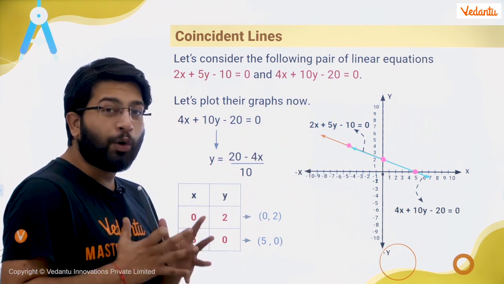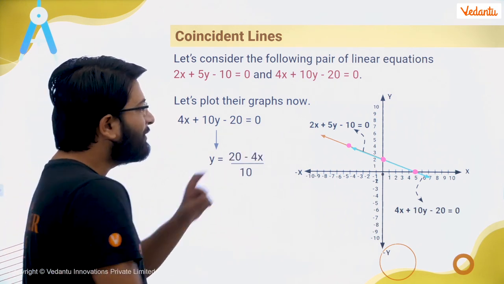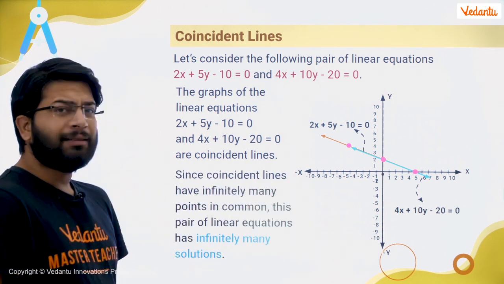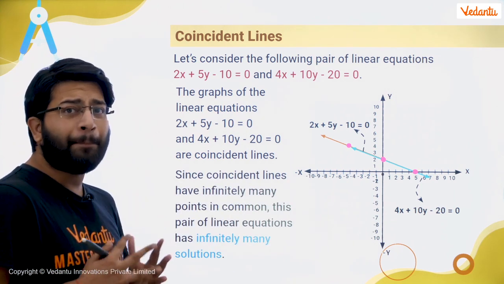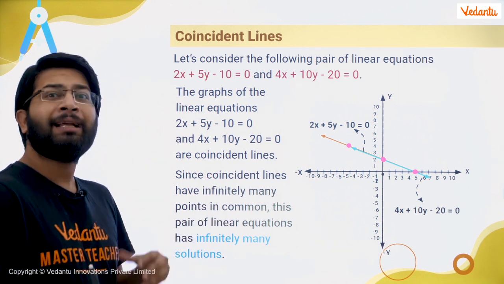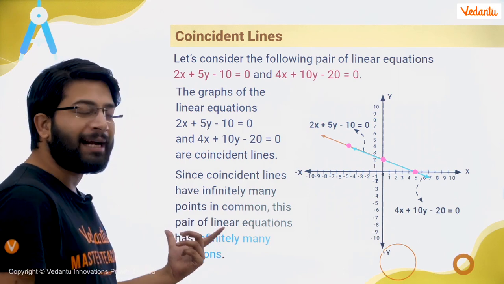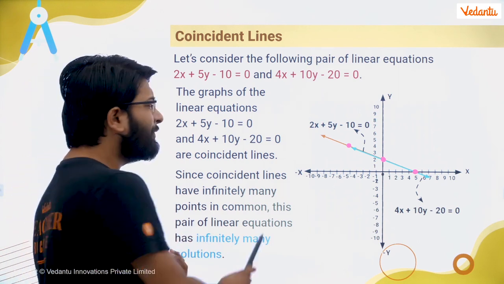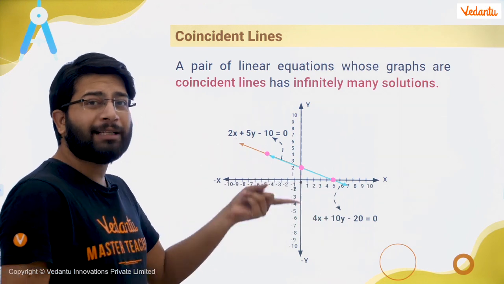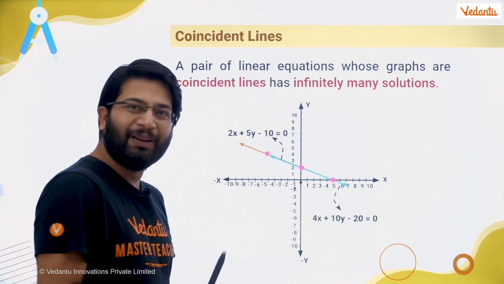These two lines are coincident, or we can say overlapped. So we can say there will be infinitely many common points. These two lines will have infinite common points, and that is why coincident lines have infinitely many solutions. I hope it is very clear. We can see the infinite number of points are common. That is why coincident lines have infinitely many solutions.